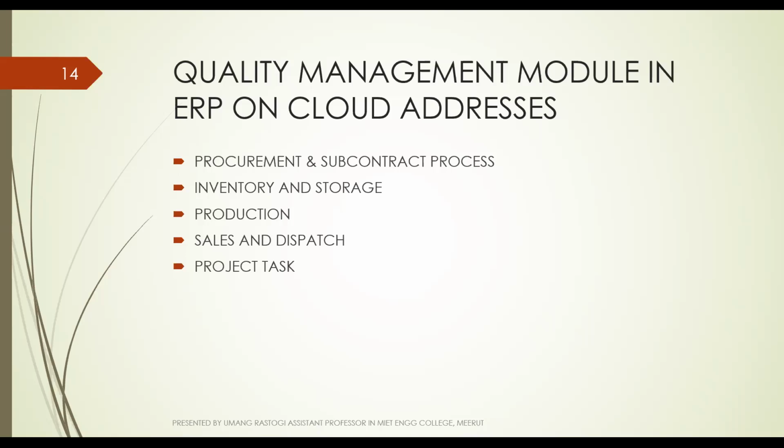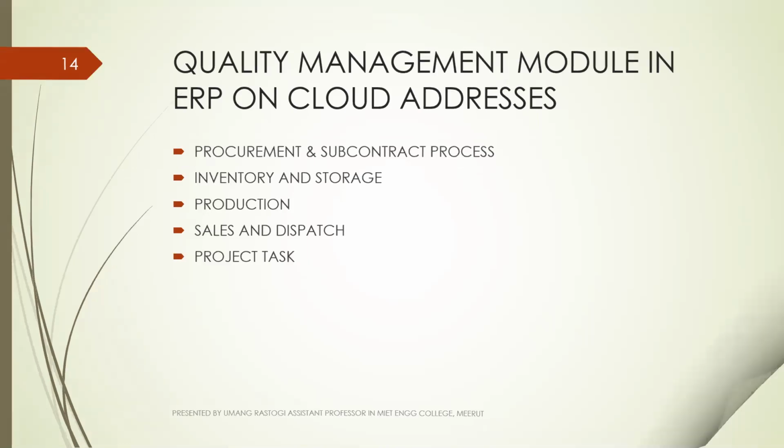Next, sales and dispatch. This inspection can also be carried out before dispatch of goods. Project tasks: a quality check could be done for tasks being executed as part of the project. And this is the areas covered.